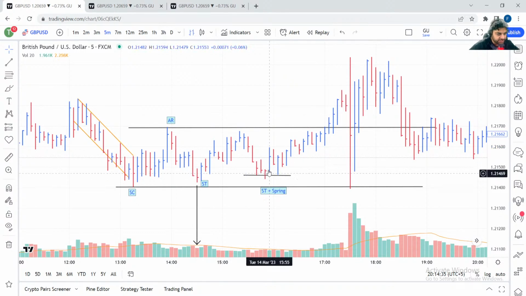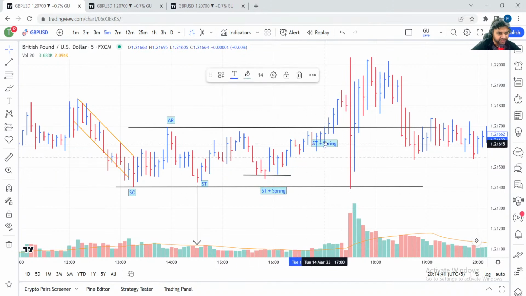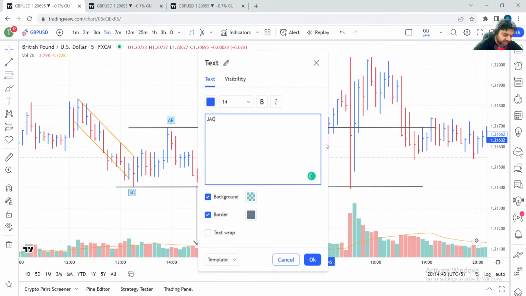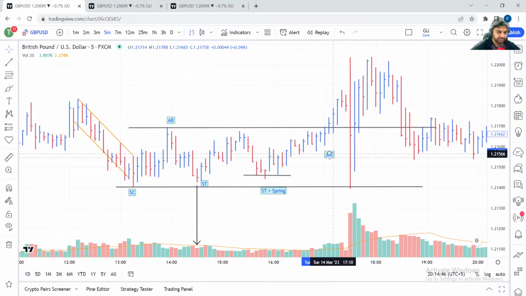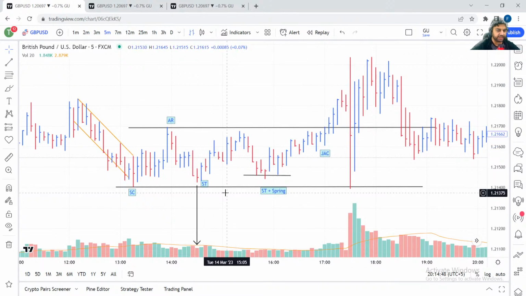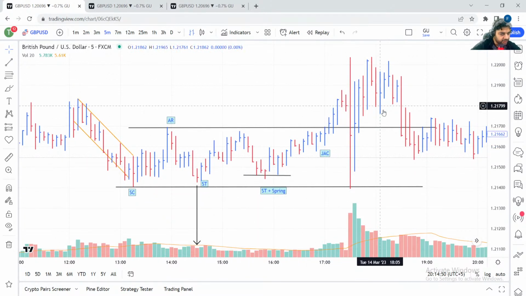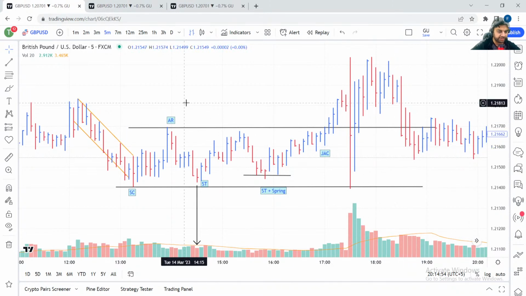This is secondary test as well as a spring, and then it goes up. So when it is going up, you will say that this is jump across the creek, right? Very simple to understand. Jump across the creek. And then it falls down to the same level. This is back up to the edge of the creek.